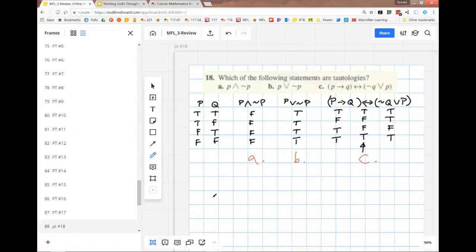For the extra credit, if I have a truth table for this one, can I say that problem B is the answer because it's a tautology?